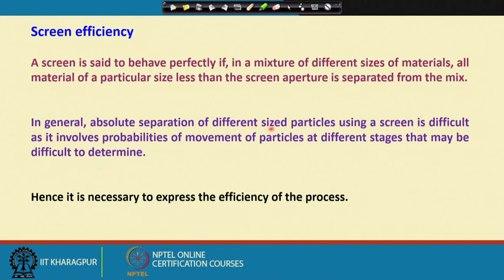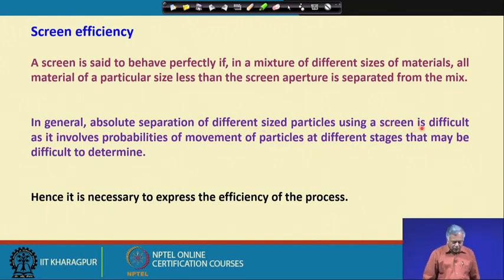So, absolute separation of different size particles using a screen is difficult, as it involves probabilities of movement of particles at different stages that may be difficult to determine.